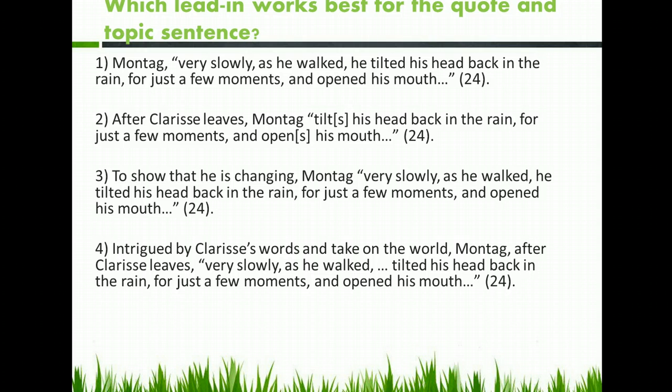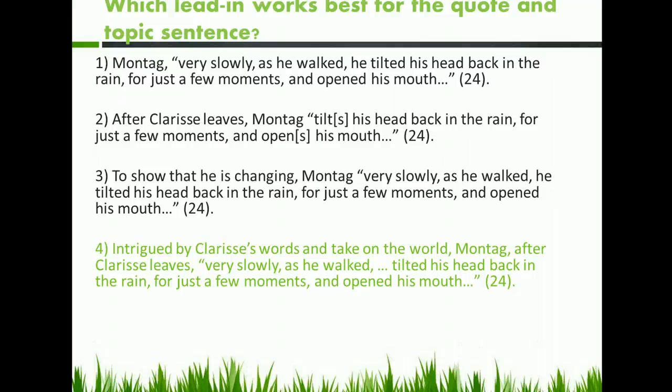Number 4, "Intrigued by Clarice's words and take on the world, Montag, after Clarice leaves, very slowly as he walked, tilted his head back in the rain." This is definitely our winner of a lead-in because it's showing why he's doing this, which is because he's intrigued. And it's also telling us when, and it's telling us who.